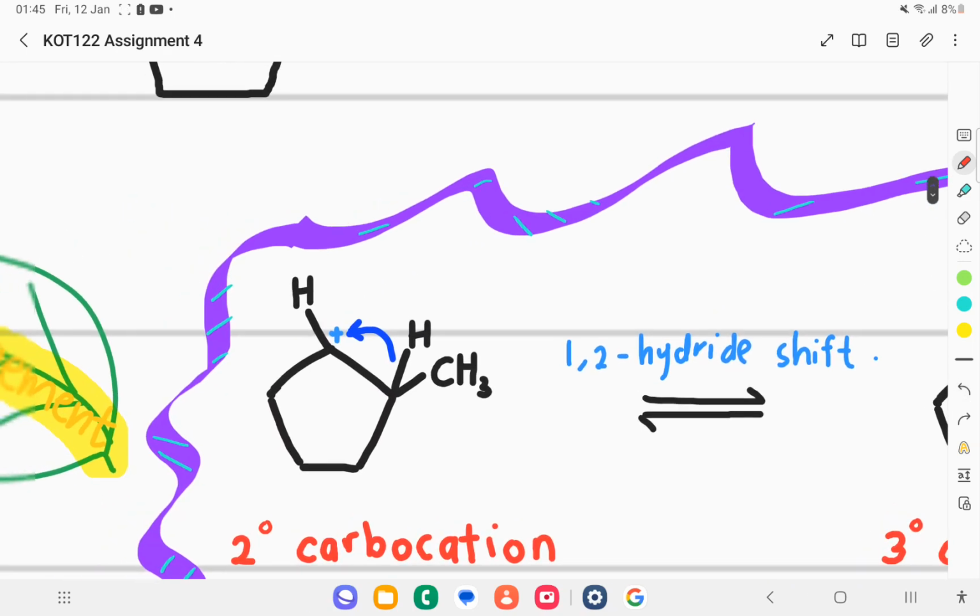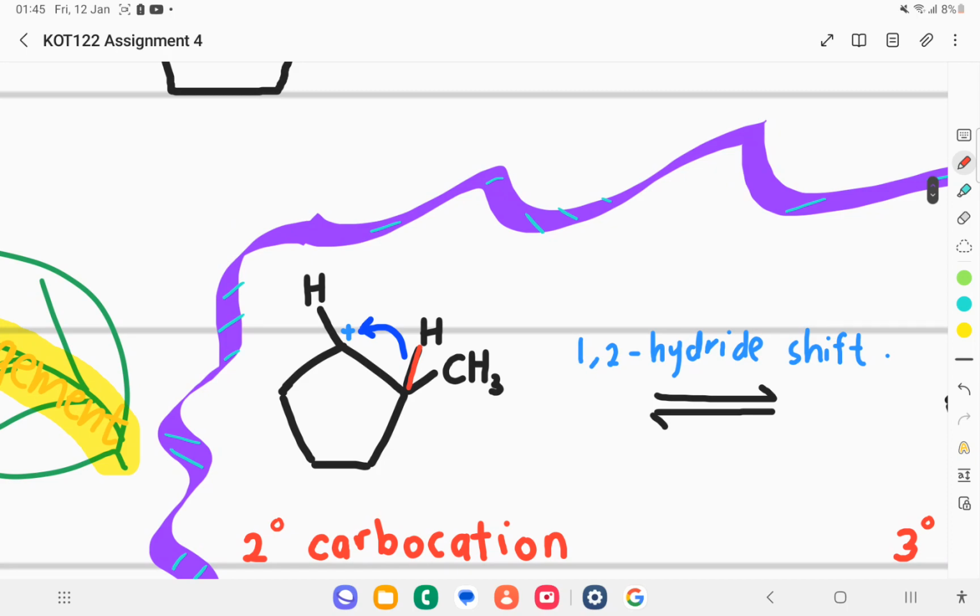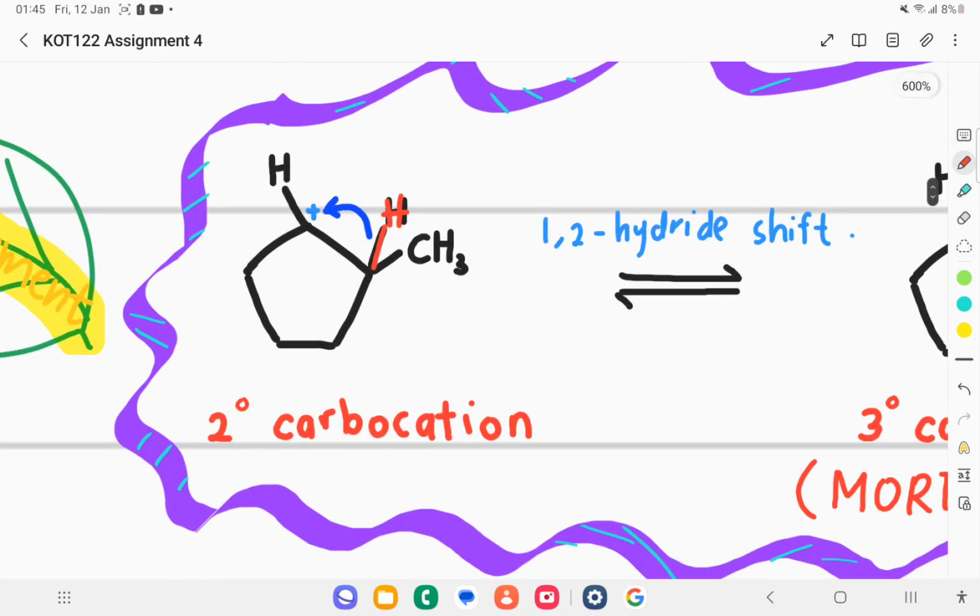So we will expand one hydrogen here, and we observe that the rearrangement can occur. So we will shift this hydrogen to the carbocation, which means this adjacent hydrogen atom will be shifted to the carbocation here.